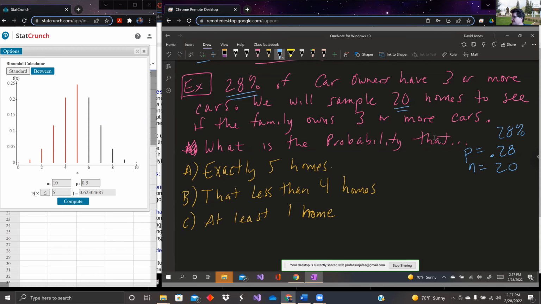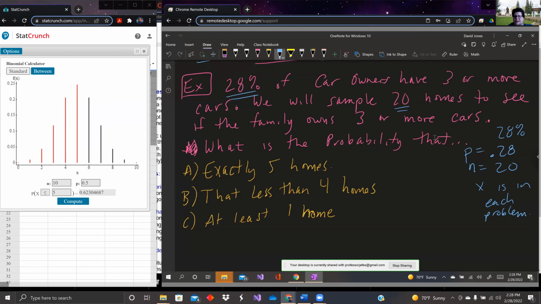And then X is in each problem. And let's just think about the things that we have to check. Let's make sure this is binomial. Do we have a fixed number of trials? Yes, we've got 20. Are they independent trials?